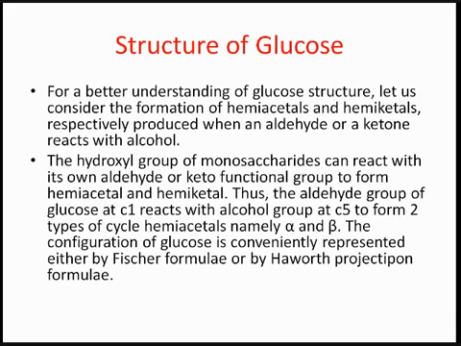For a better understanding of the glucose structure, first we need to know the formation of hemiacetal and hemiketal. If glucose is converting into a hemiacetal, then it is known as a hemiacetal glucose.